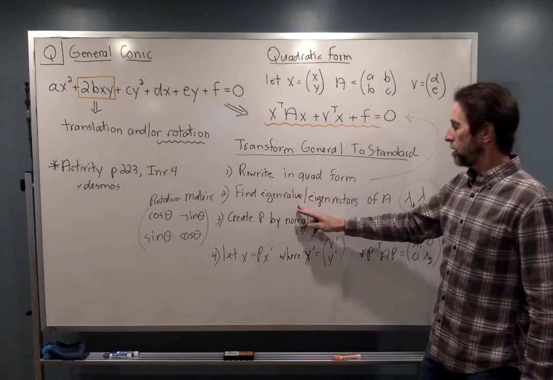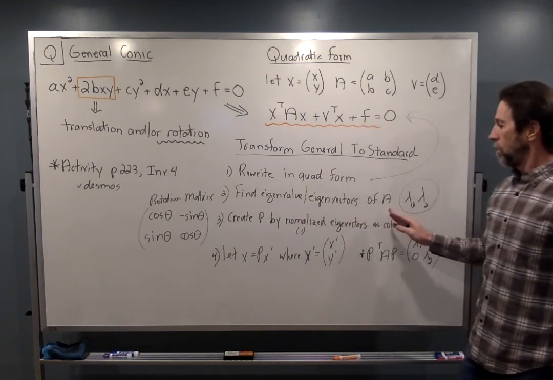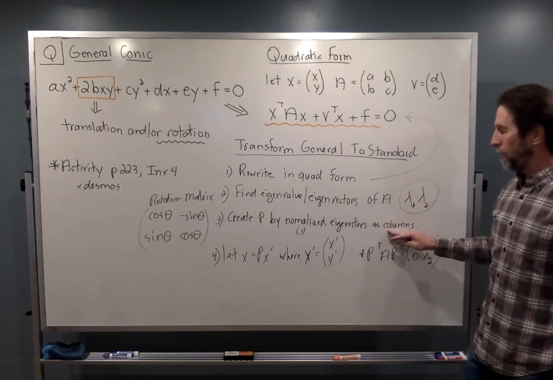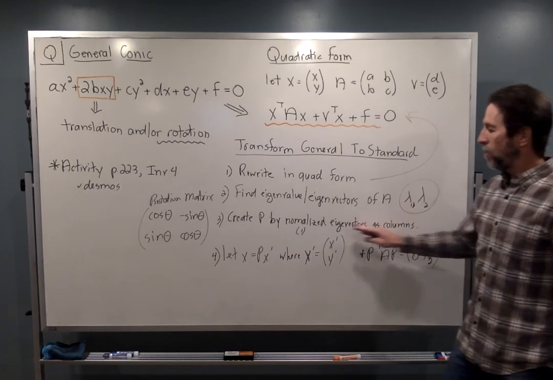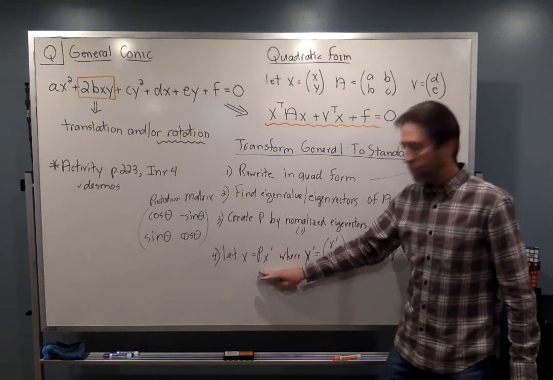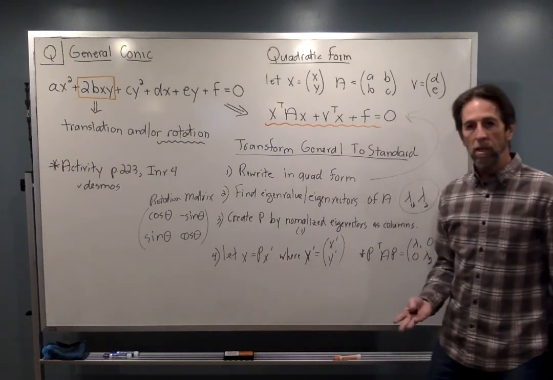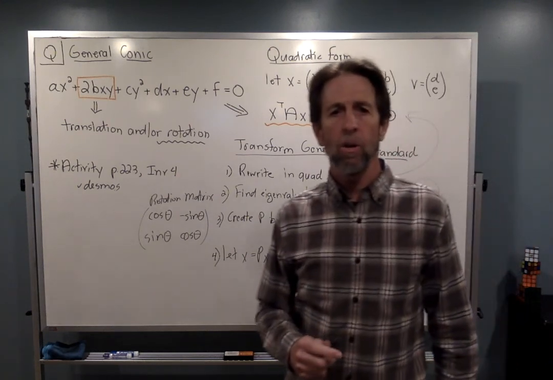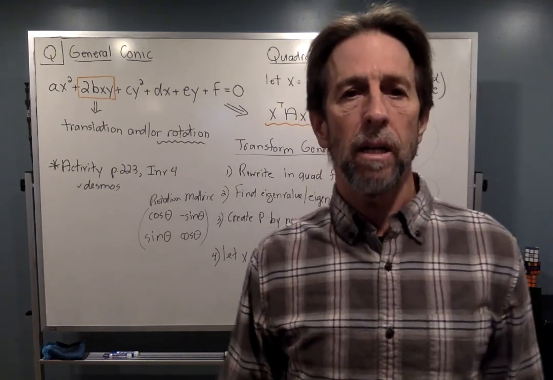That will then allow us to find eigenvalues of A. Those eigenvectors will be the columns of P once we normalize them, and then we're going to be able to make the substitution. And after that, a ton of algebra to rewrite it. That's it. In a few minutes, I'll produce the second video involving an example of what exactly this all means.